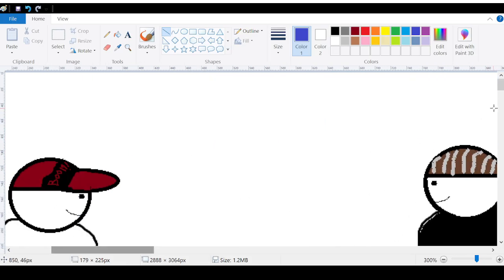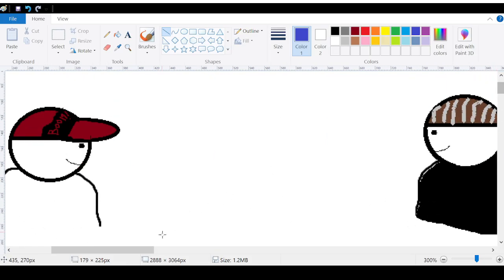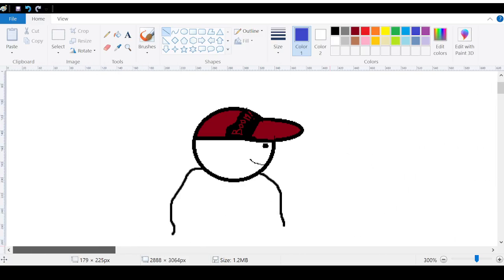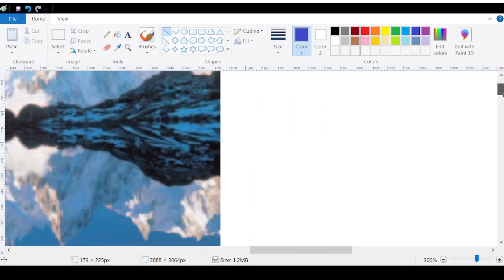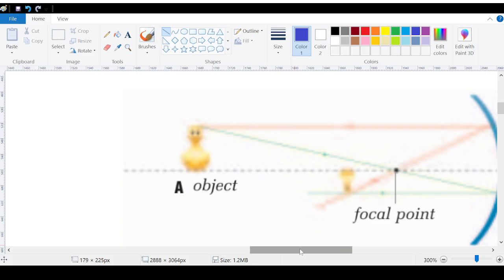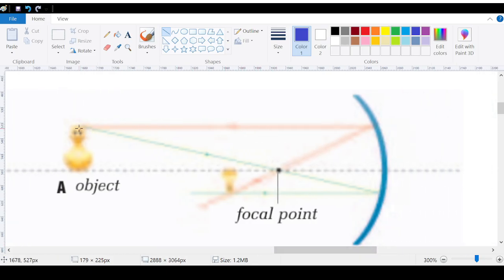Okay, that makes a lot of sense. But why do the inverted images occur with a concave mirror? Oh, that's a good question. Let's talk about that for a second. If we go back to those diagrams that we looked at earlier with the inverted images, we can imagine that the orange ray is bouncing off the top of the rubber ducky, then off the mirror through the focal point, and the green ray is bouncing off the top of the rubber ducky through the focal point, and then it bounces off the mirror parallel to that dotted line in the center there, or parallel to how the orange ray started out as well.